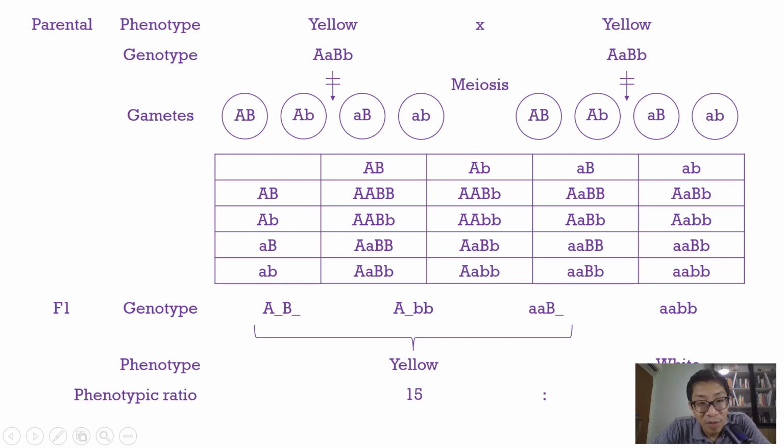For the 15, either both enzymes are active or either one is, so enzyme A active here or enzyme B active here, all of them give you the same phenotype. That's why it's 15:1. So this is duplicate genes: multiple genes coding for different proteins that give you the same phenotype. Presence of either one or both, same phenotype. Absence of both, another phenotype. Okay, so that is duplicate genes. Very simple.